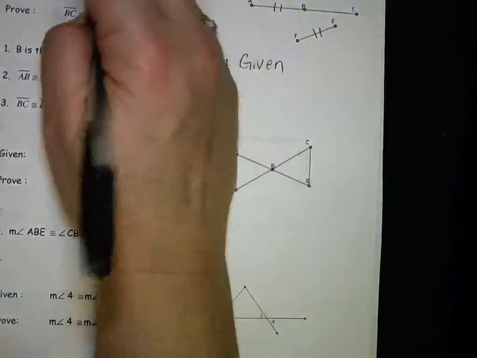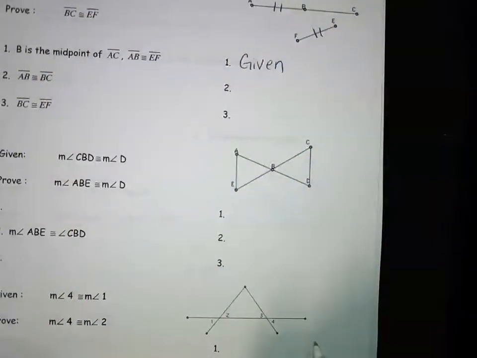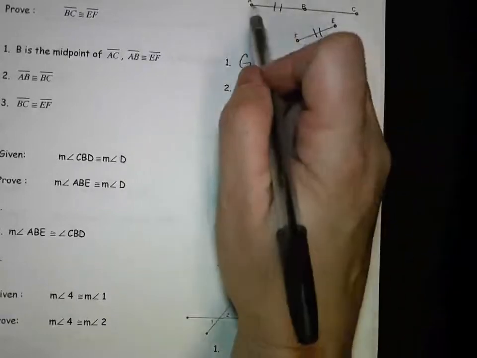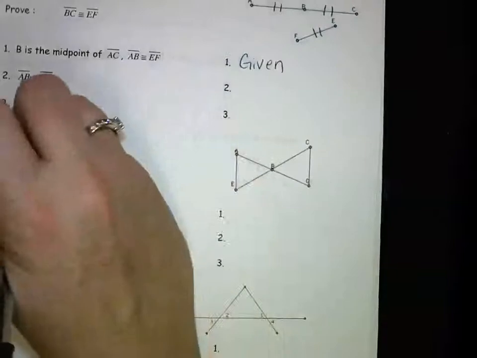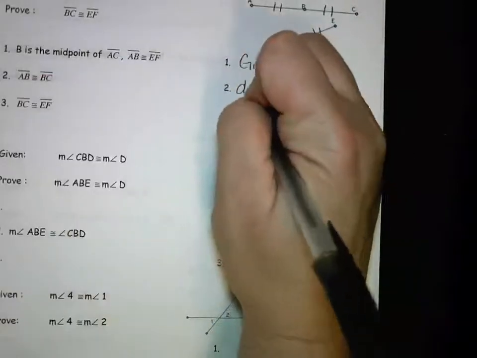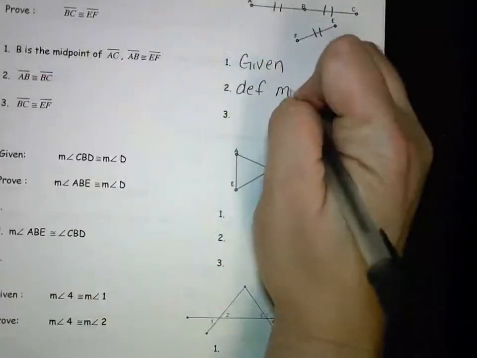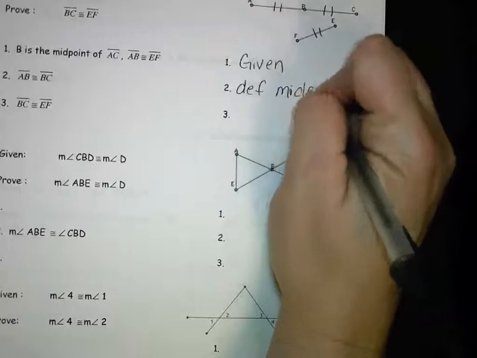Well, they gave us this big hint here with midpoint. We have to be able to say something with that word midpoint, and that is that AB is congruent to BC, and that is by our definition of midpoint.